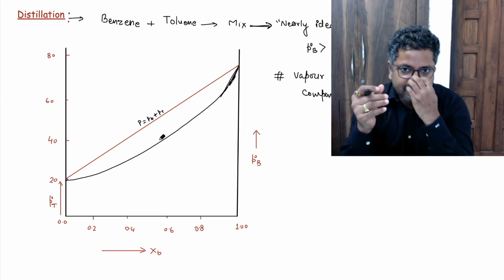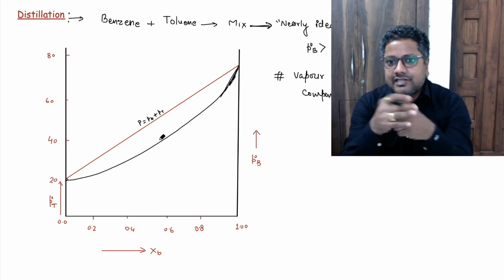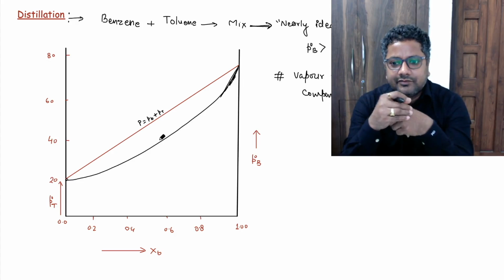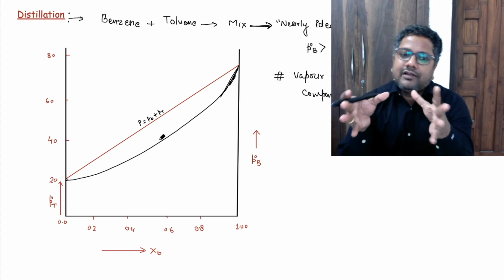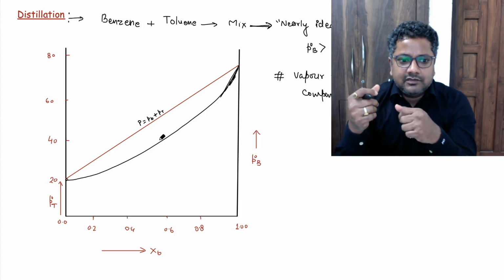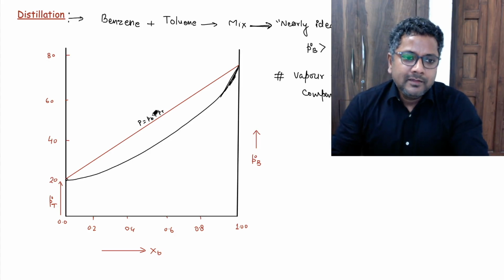Because for vapors you can use Dalton's law. But here, since in this chapter we are mainly focusing on the Raoult's law, and we are focusing on the composition of liquid, so every time we have to speak like this only. So do not speak much about Dalton's law here.